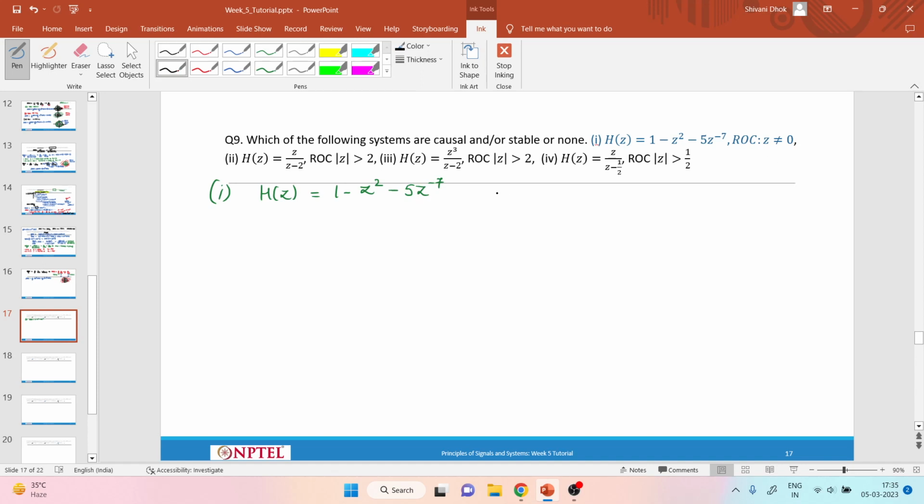And the ROC is given as z not equal to 0, which means that it is the entire z plane, but only 0 is not included, which means that this condition, that is magnitude of z is equal to 1, is included, which means that region of convergence includes the unit circle. So this magnitude of z equal to 1 is simply my unit circle.